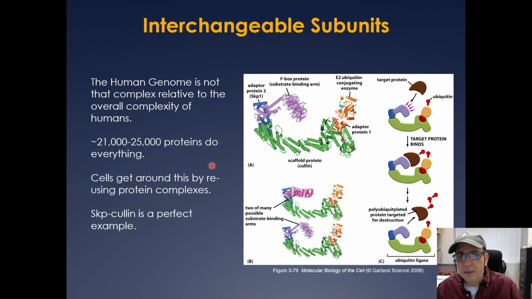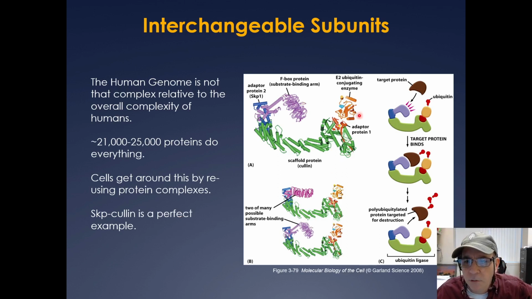And if you take a step back and think about a typical mammal, or a typical human, we have literally thousands of different cell types. But only 20 to 25,000 proteins that are doing everything. And the cells get around this by using different protein complexes to do the same things on different substrates. Okay, and a perfect example of this is the Skp-Cullin protein.